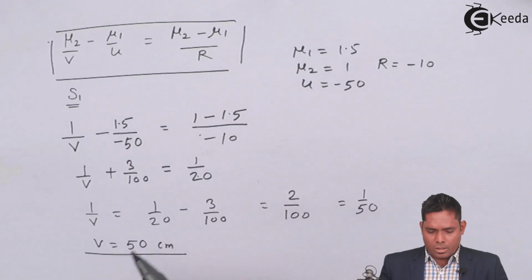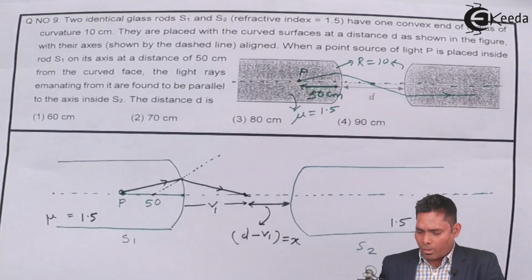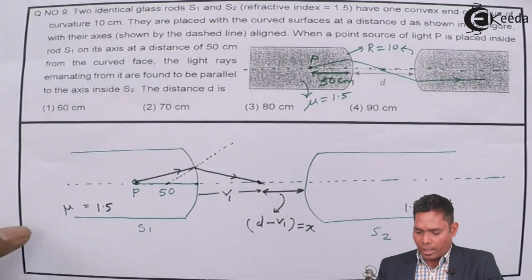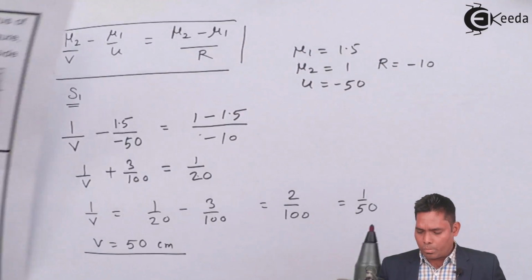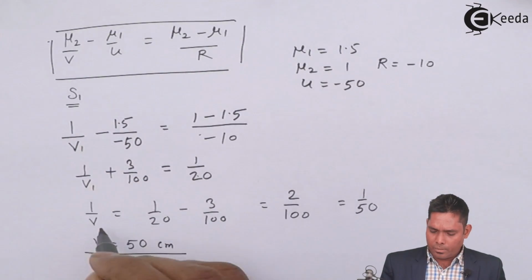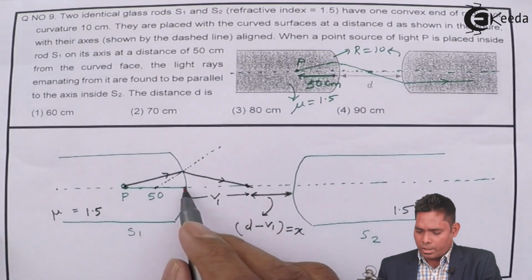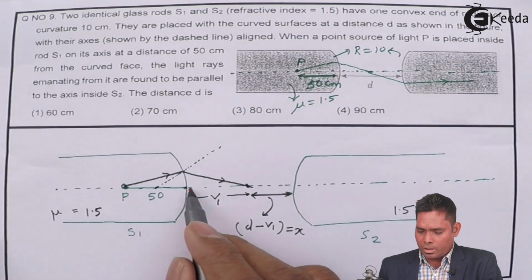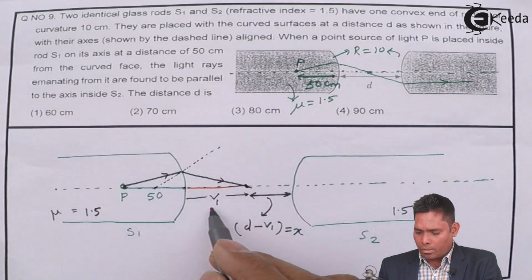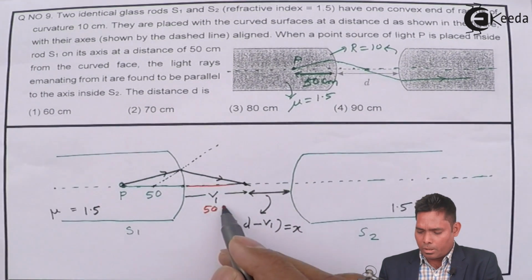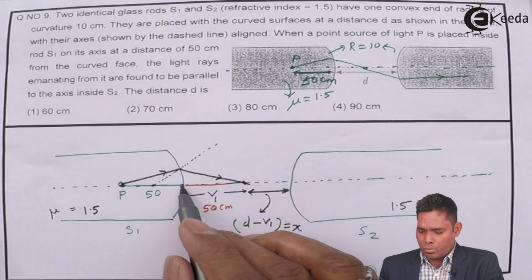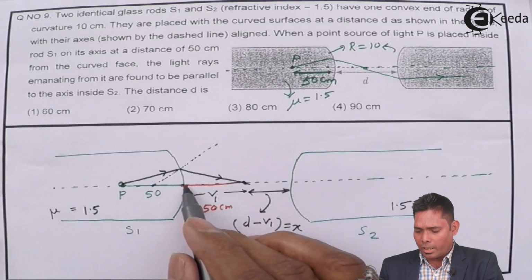That means the image I have considered B1, so I will substitute B1 here. This B1 is formed at a distance of 50 centimeter. So wherever the object is, the image is also formed at a distance of 50 centimeter. Plus means it is towards the right, so image will form towards the right of this point.